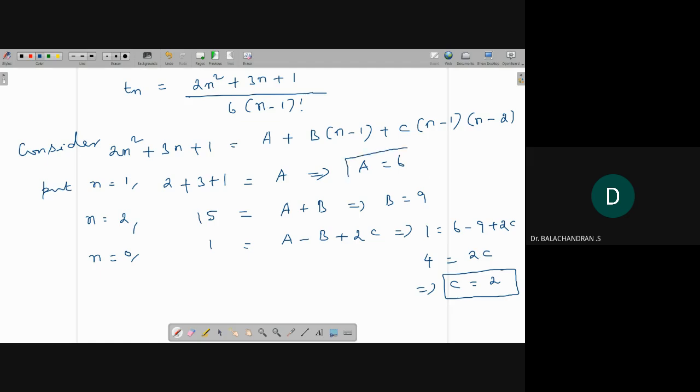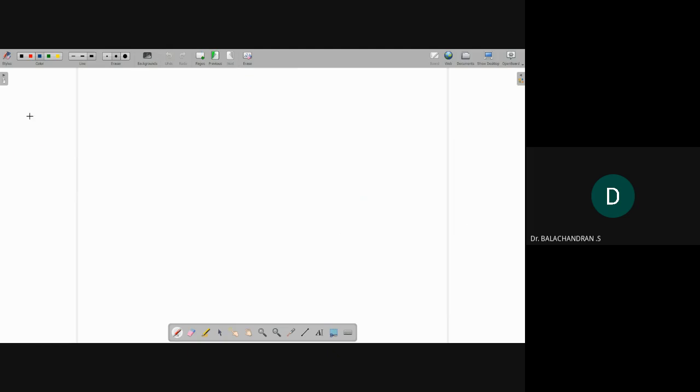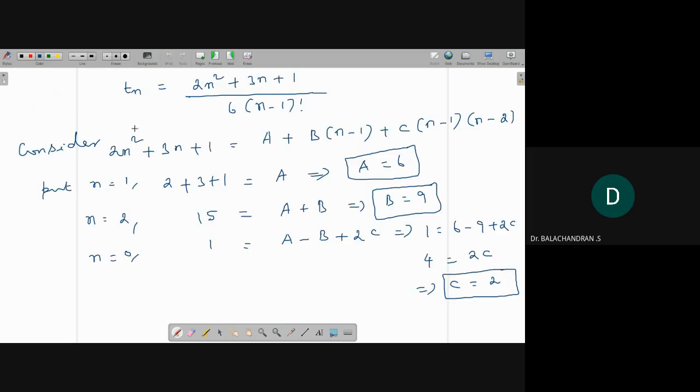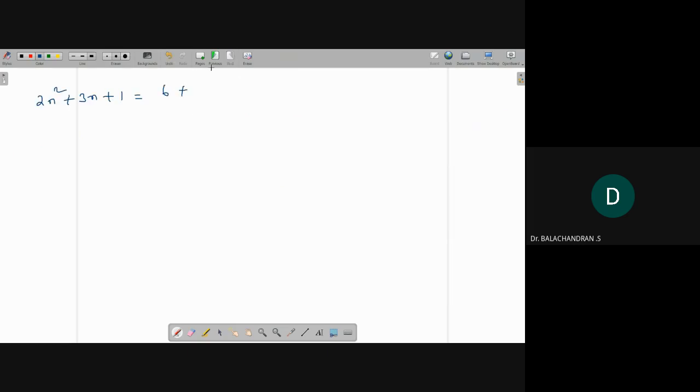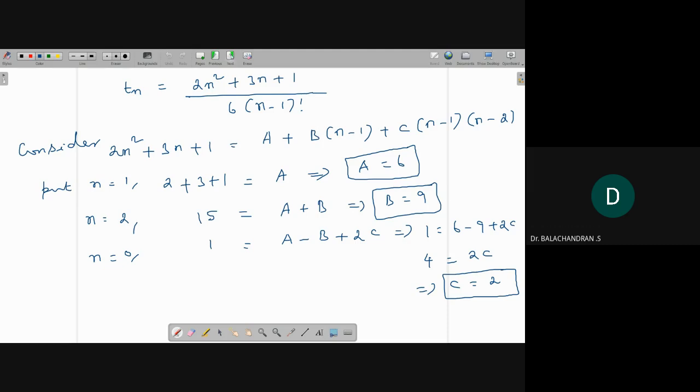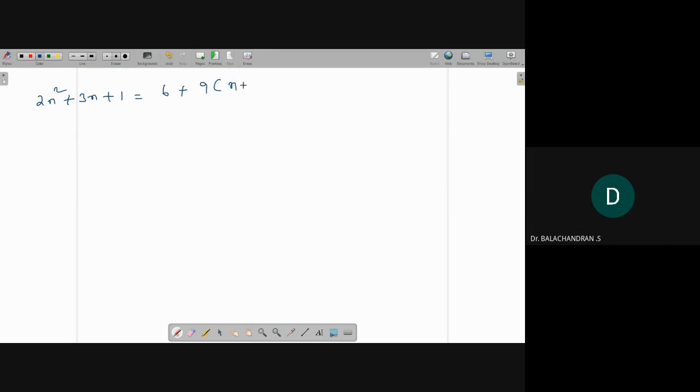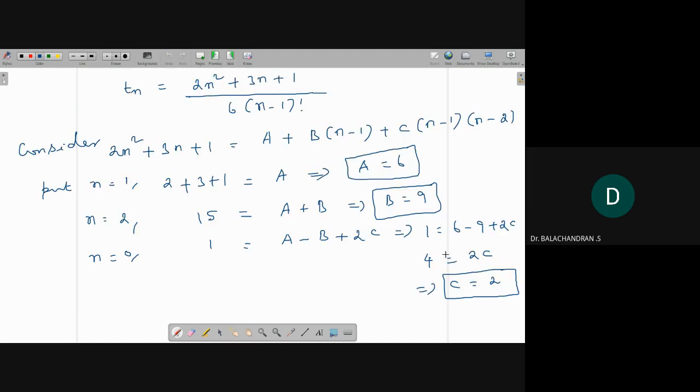So we got the values of a, b, c. Now 2n square plus 3n plus 1 equals 6 plus 9 into n minus 1 plus 2 into n minus 1 into n minus 2.